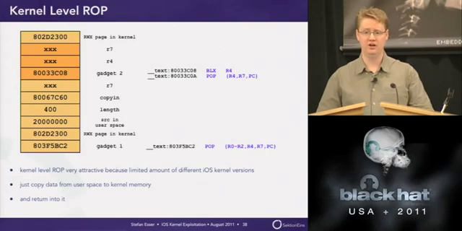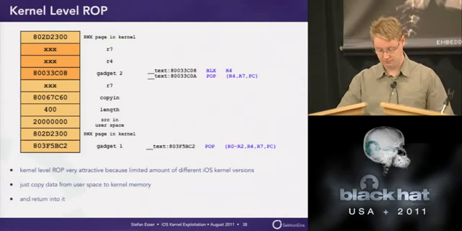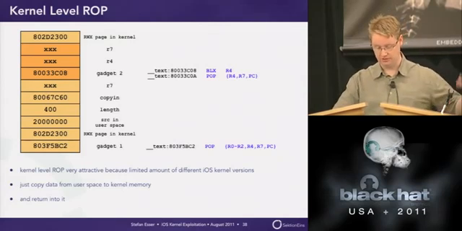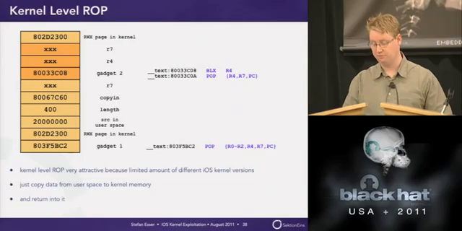But the core kernel is always similar or the same for the same CPU and firmware version, naturally. Yeah, you can return to it and then you have the execution.